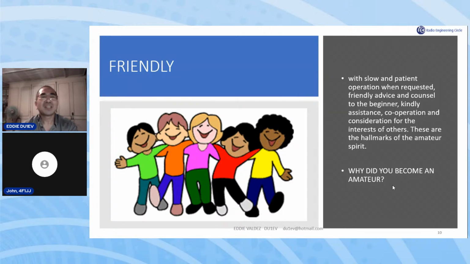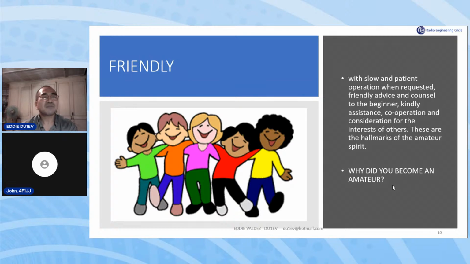As we know, ham radio is the first electronics-based social network. Bago pa nag-umpisa yung Facebook, 'di ba? Yan ang isa sa mga pinakasikat na social network sa internet sa panahon natin ngayon. Alright?